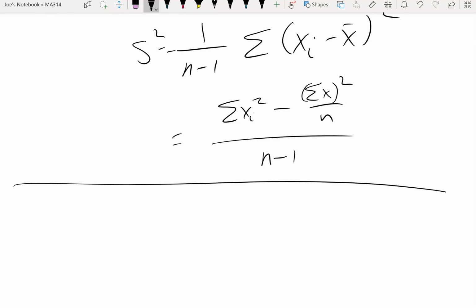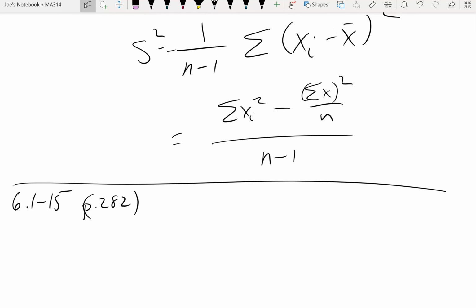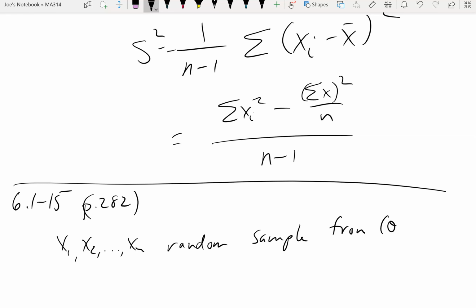All right, I want to look at number 15. This is on page 282. They tell you that X1 out to Xn is a random sample from a distribution that is uniform on theta minus 1, theta plus 1.